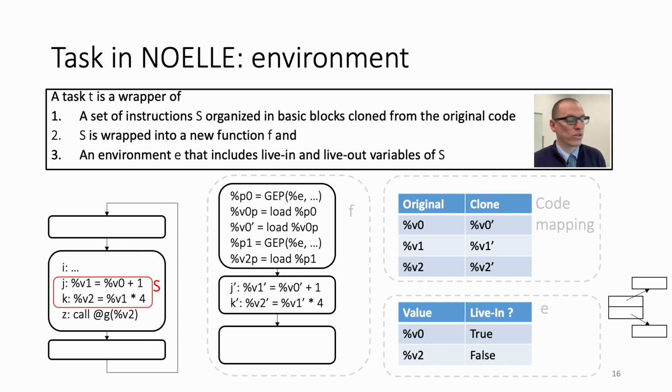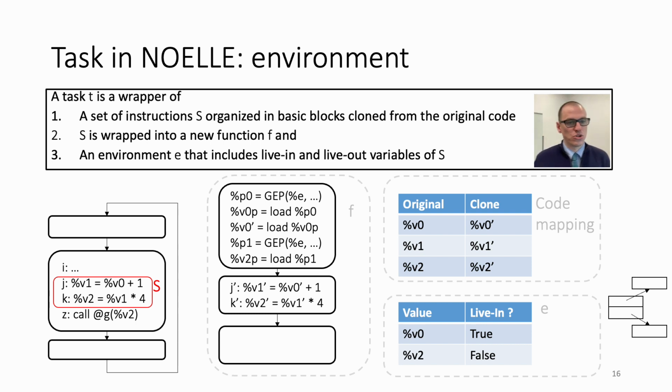In order to do that, we do another get element pointer to get the second element of the array E, which is going to include a pointer to %v2. So we fetch this element with the get element pointer and we call it %p1, the variable that points to the second element of the array. By loading from it, now we have the pointer of the location where we're going to store the %v2 value, and we call this %v2p.